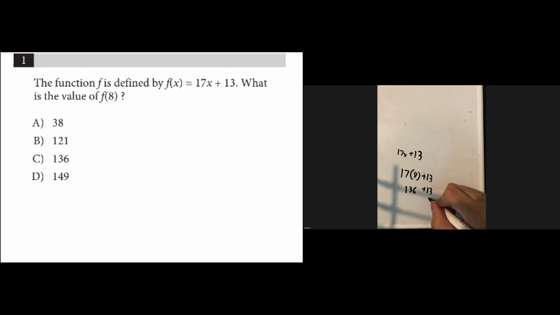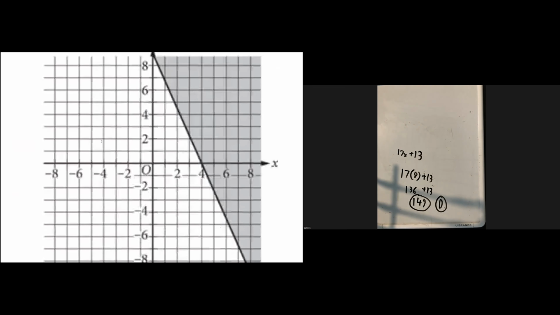And 136 plus 13 you can again put in your calculator, and that gets you an answer of 149, which is answer choice D. All right, question 2.